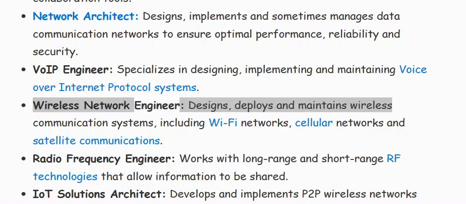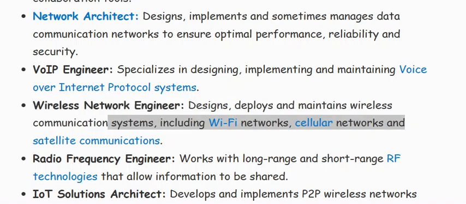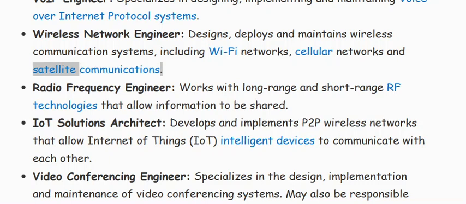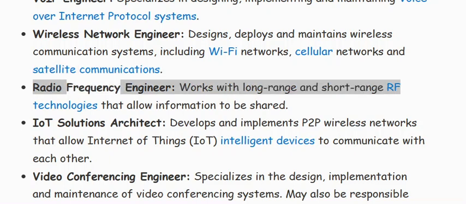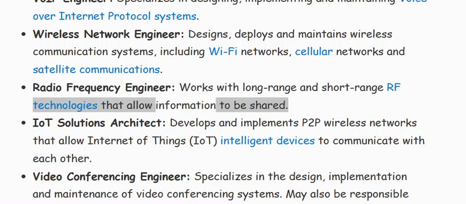Wireless network engineer designs, deploys, and maintains wireless communication systems, including Wi-Fi networks, cellular networks, and satellite communications. Radio frequency engineer works with long-range and short-range RF technologies that allow information to be shared.